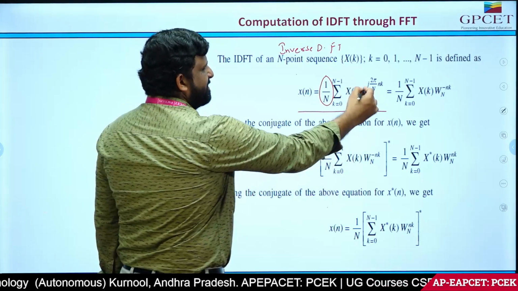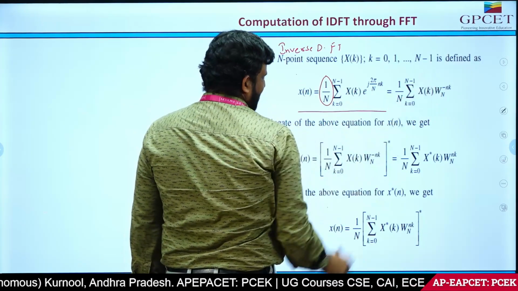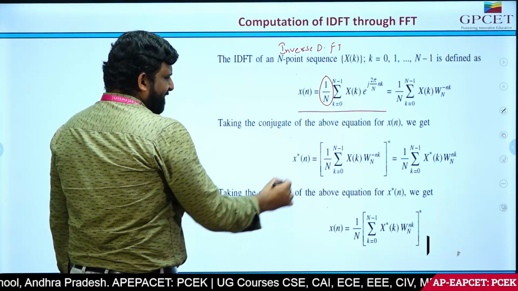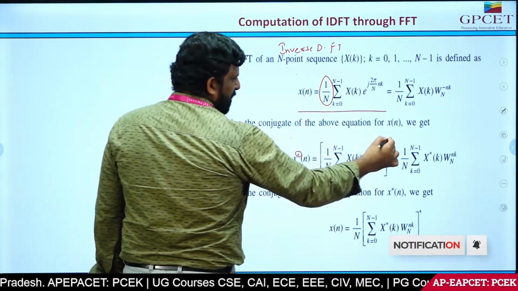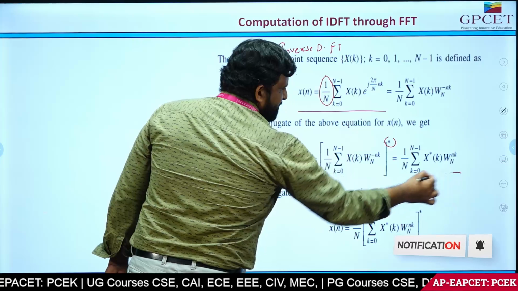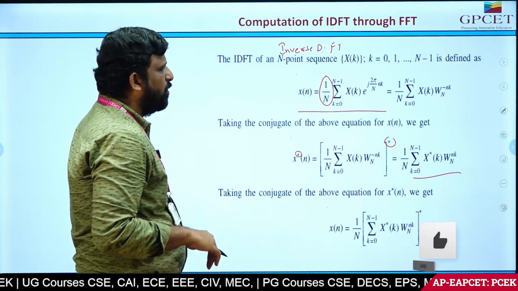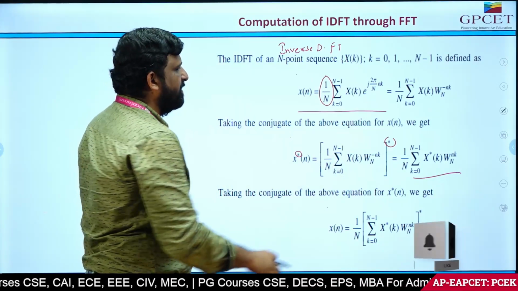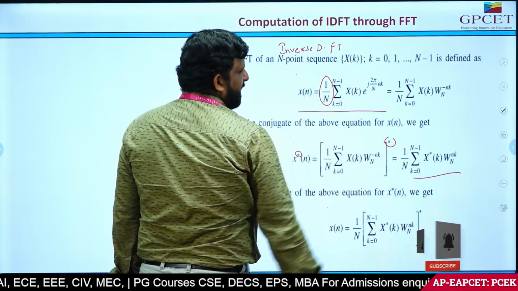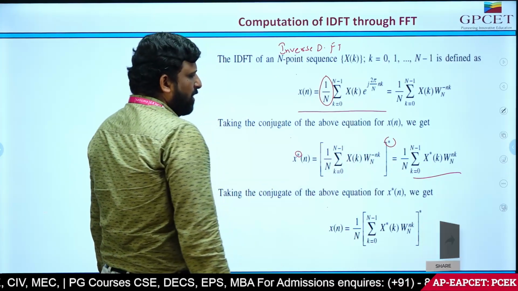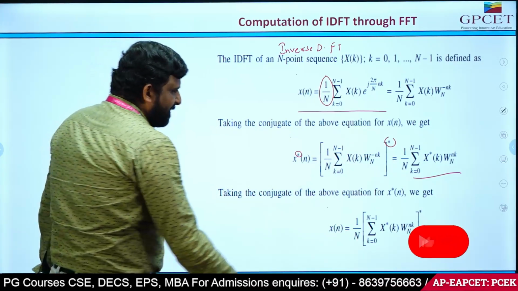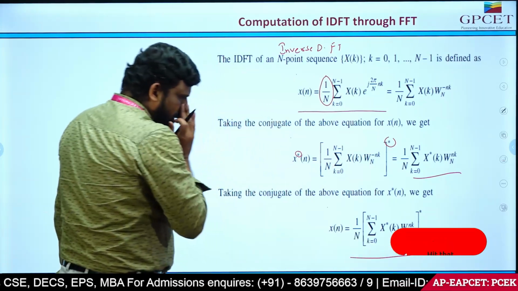Okay, so I can write this as Wn to the power of minus nk by taking the conjugate here. By taking the conjugate on both sides, I got this equation, which is equal to 1 by n summation k is equal to 0 to n minus 1 of the complex conjugate of X of k times Wn to the power of nk. So this is the finalized formula.